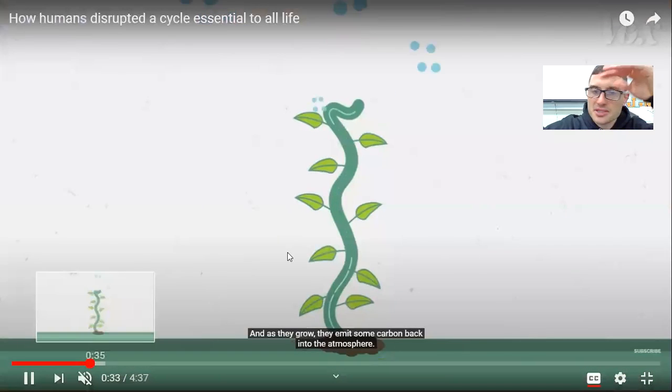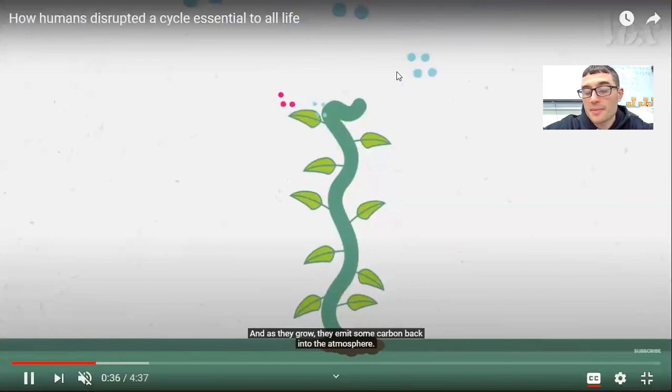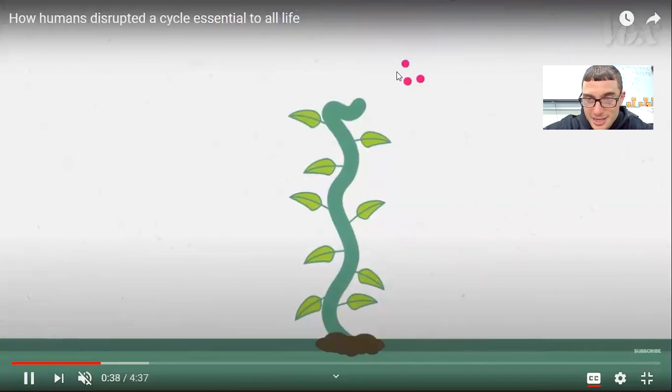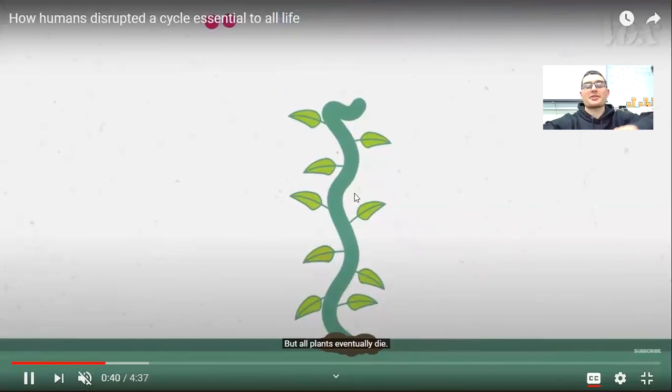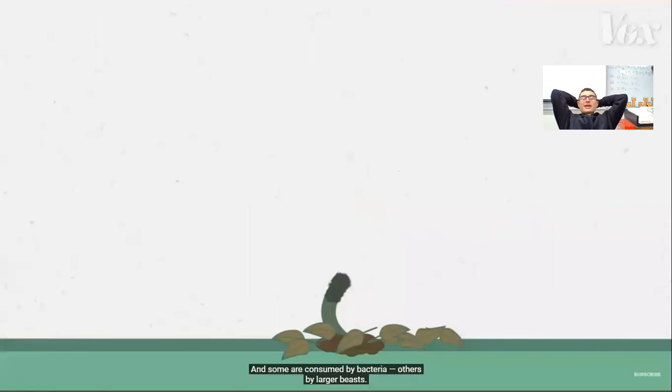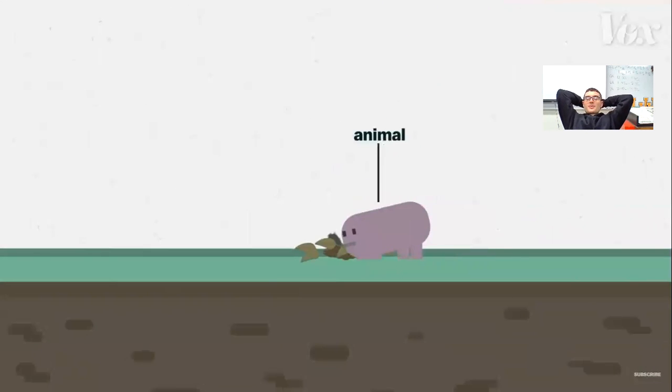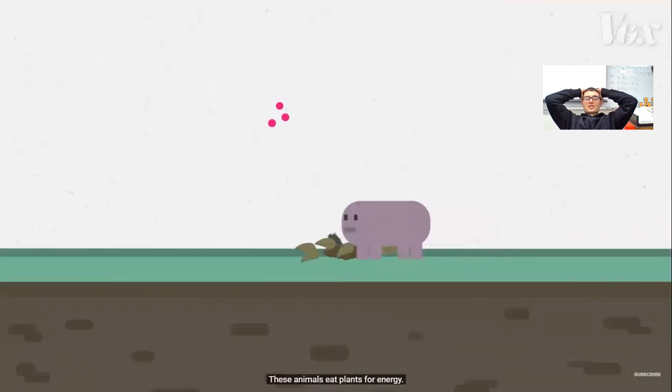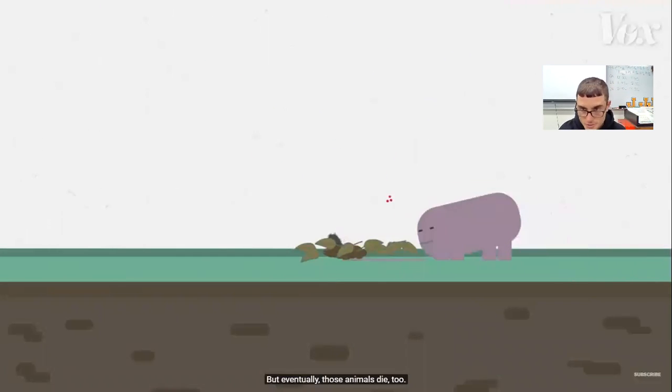Well, in the atmosphere, plants breathe in carbon dioxide and breathe out O2. So in the atmosphere, it's going to be carbon dioxide. In the ground, eventually organisms pass away and they leave fossils, and sometimes that fossil becomes a fuel. So in the ground, we call those fossil fuels.